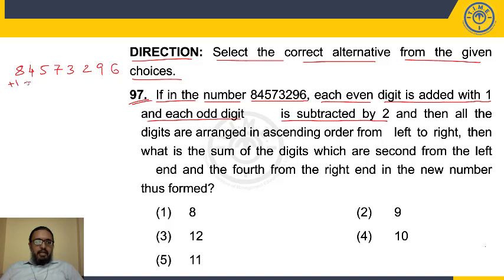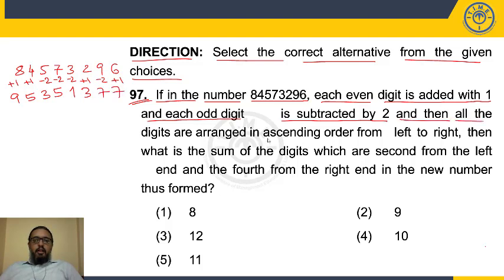So 8 is added with 1, 4 is added with 1, 2 is added with 1, 6 is added with 1. And each odd digit is subtracted by 2. 5 is minus 2, 7 is minus 2, 3 is minus 2 and 9 is minus 2. So that is the first step. So what will I get? 9, 5, 3, 5, 1, 3, 7, 7.